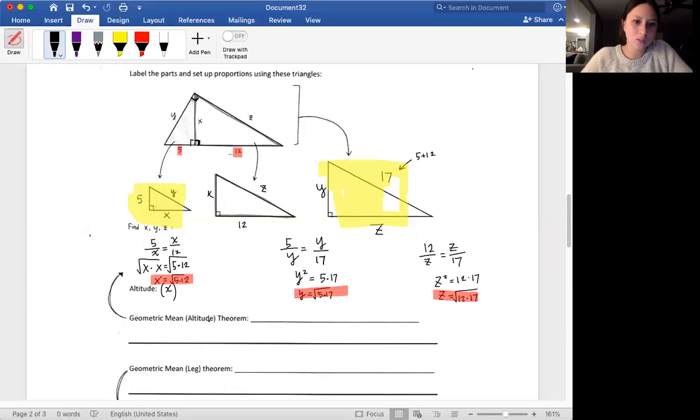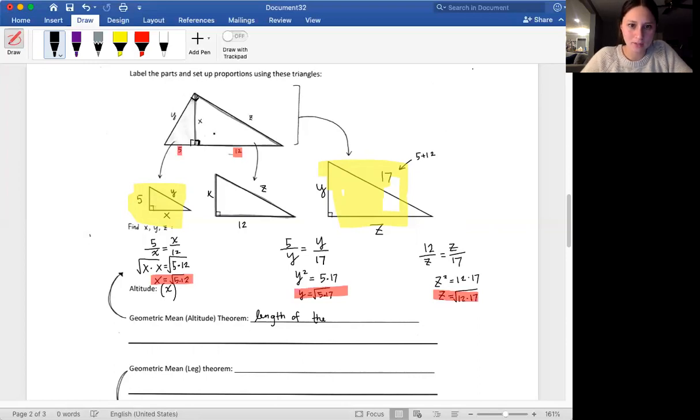So, geometric mean altitude theorem. The length of the altitude, so remember the altitude's kind of like the height.